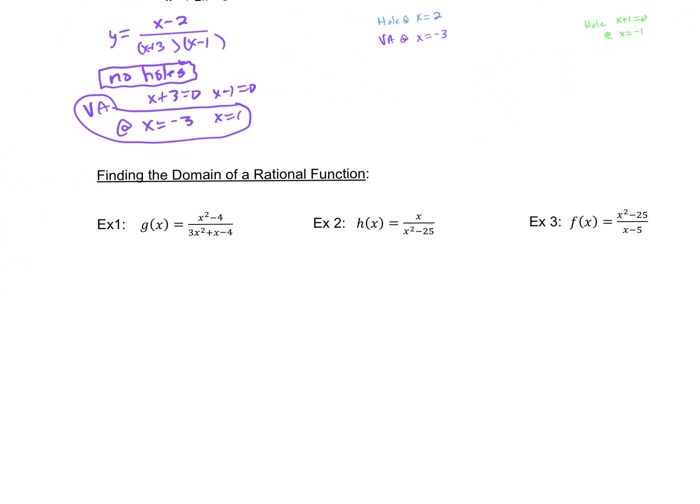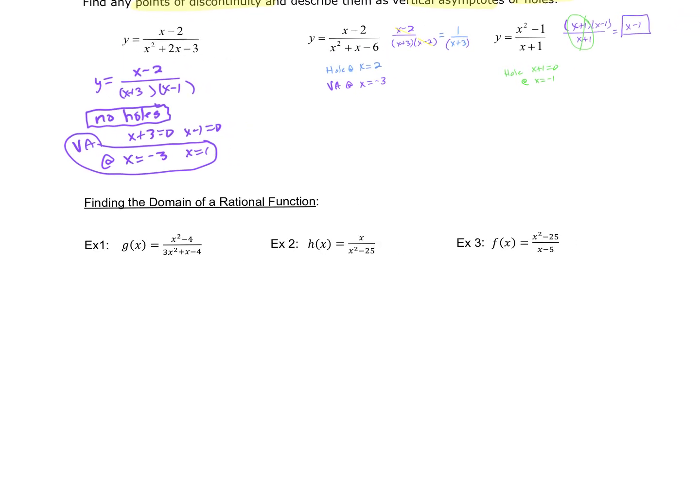All right, so along those same lines, besides talking about the holes and the vertical asymptotes, the other way these questions might be worded is that they basically just ask you to state what the domain is, or state what the restrictions on the domain would be.